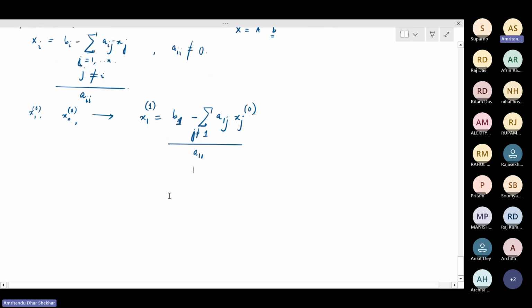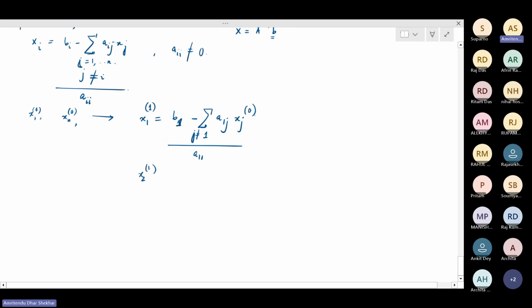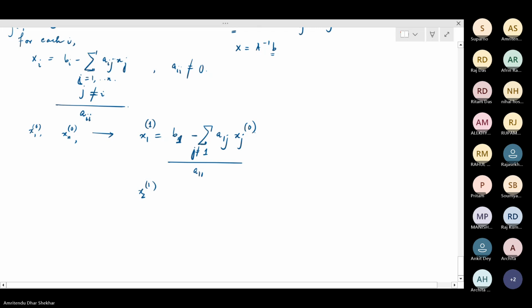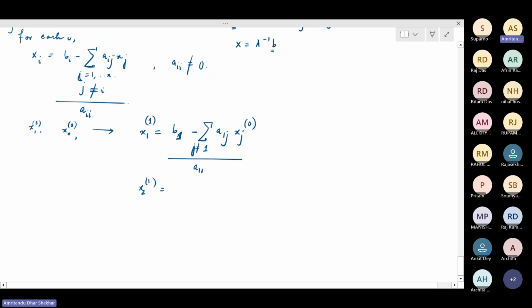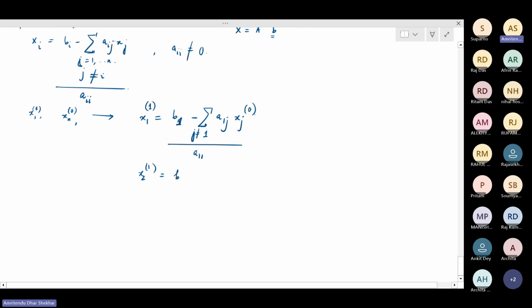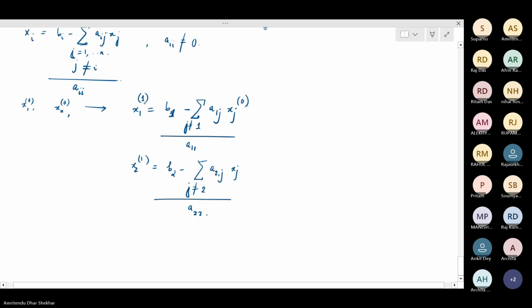But the next term, which is x2 in the first iteration scheme, is of the form b2 minus the sum over a2j xj, where j is not equal to 2, upon a22.